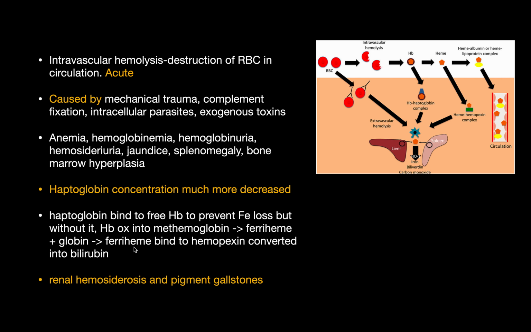The ferriheme will bind to globin, and the ferriheme will bind to hemopexin and be converted into bilirubin, and then that can be excreted. But with problems in this, with no haptoglobin, this is going to cause renal hemosiderosis because, like I said, the heme has to be excreted, and pigment gallstones because the bilirubin isn't going to be converted.